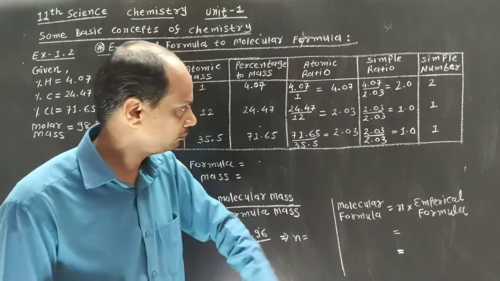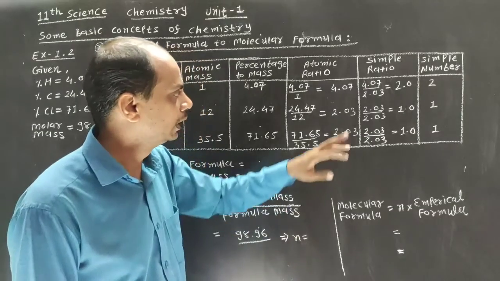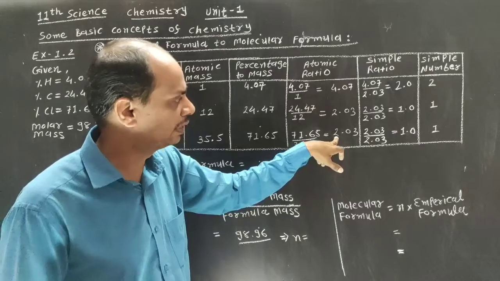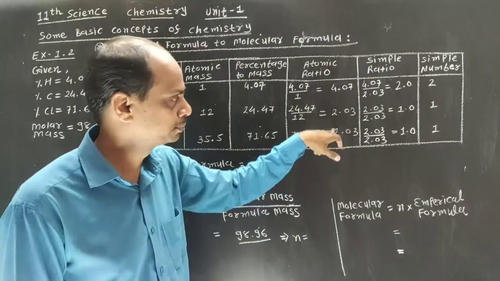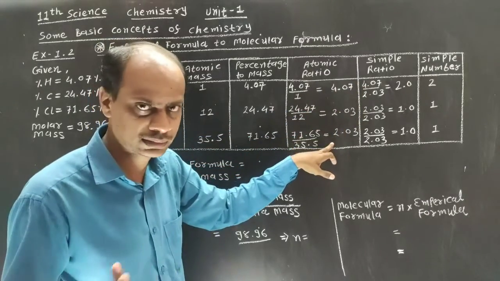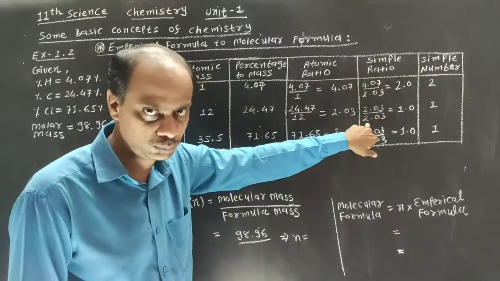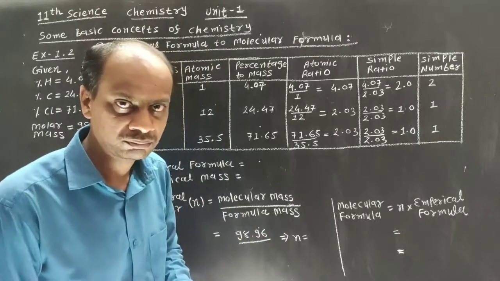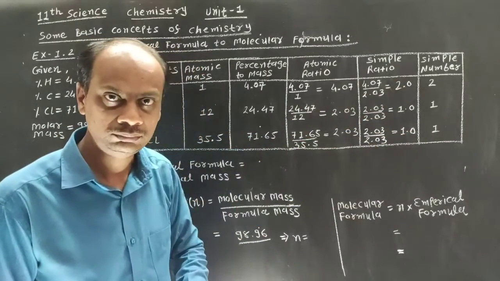So here it is, the smallest answer. Now these values are further divided by the smallest value, which means 4.07 is divided by the smallest value. Both are the same, 2.03. 2.03 is again divided by 2.03. Am I clear? So you got these answers.